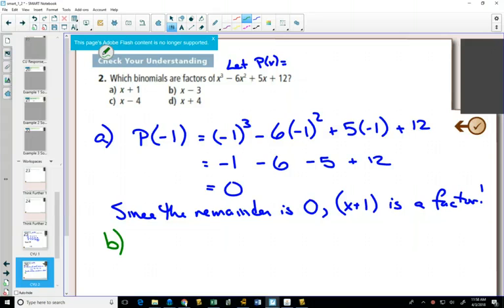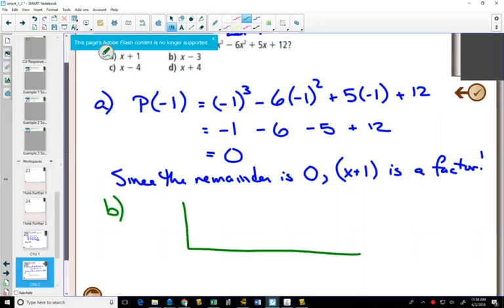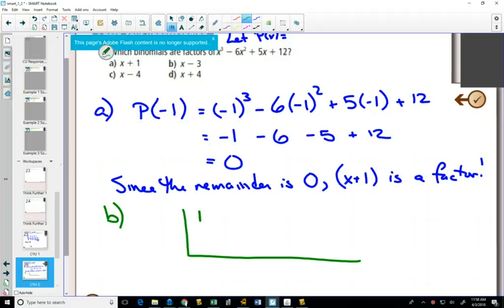In part B, if I was dividing by x minus 3, with the remainder theorem, I'd have to plug in 3. And plugging in 3, in this case, 3 cubed, it's not too hard to do, but I'll deal with some bigger numbers. So sometimes dealing with those bigger numbers, I find in those situations I like to go to synthetic division. So for synthetic division, I'd have 1, -6, 5, 12.